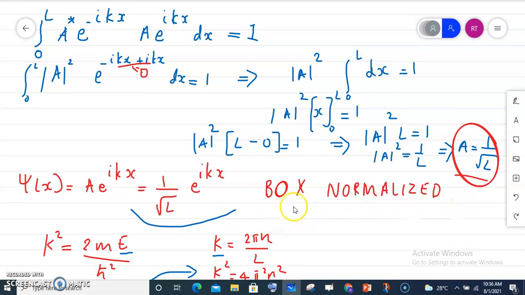The free particle is box normalized because we are changing the condition in such a way that we confine the particle into a one-dimensional box.